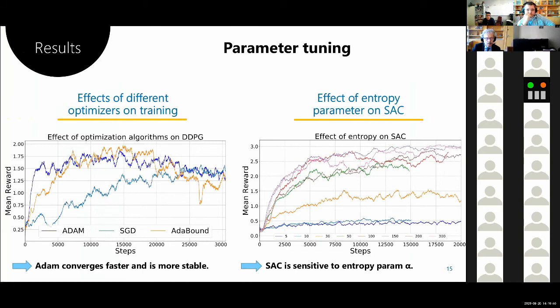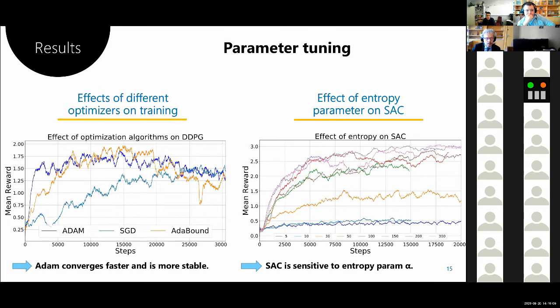More, as you can see on the right figure, some algorithms such as SAC include parameters that require tuning, for example, the entropy term of SAC. This framework enabled us to have an insight on how sensitive SAC was concerning the entropy term.